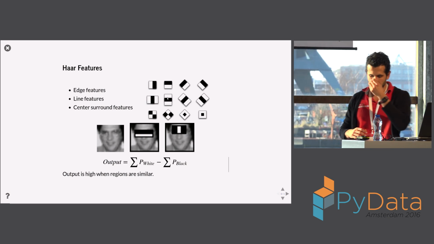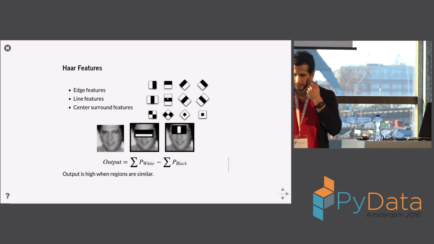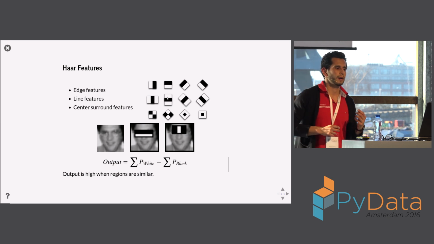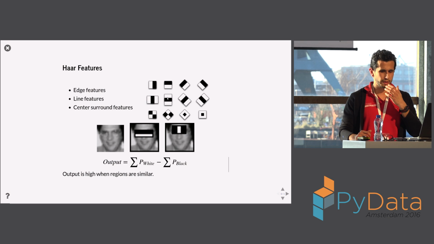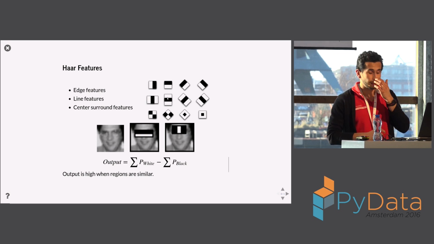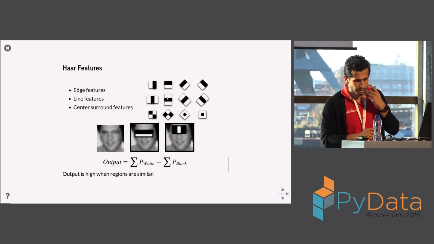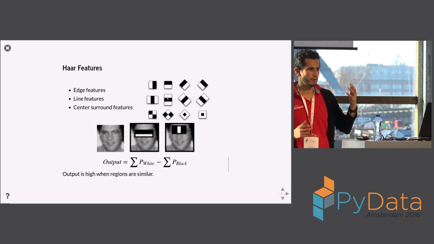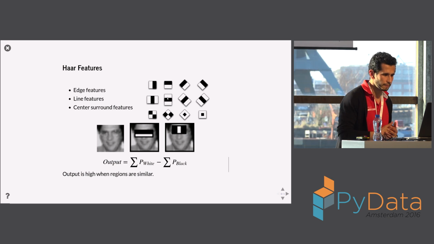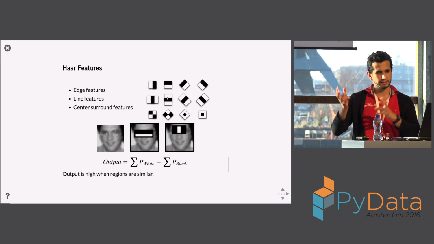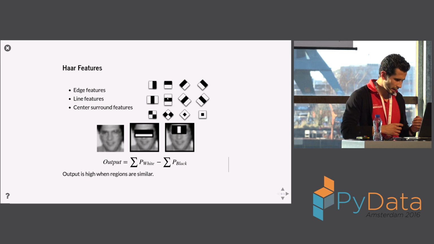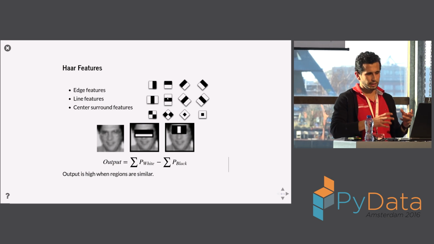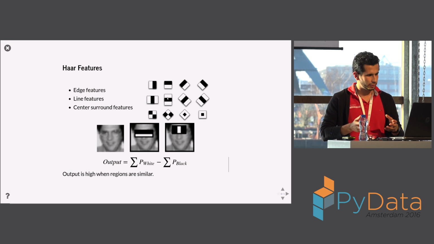For example, that the cavity of the eyes is darker than the nose, and that the cheekbones normally have more light than the eyes, and all these kinds of features. This is basically what it does. It just tries all of them, and it outputs whatever the main features are.